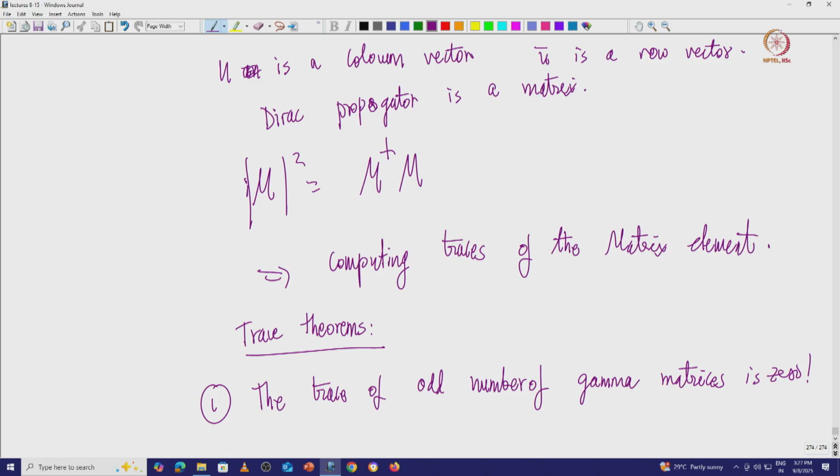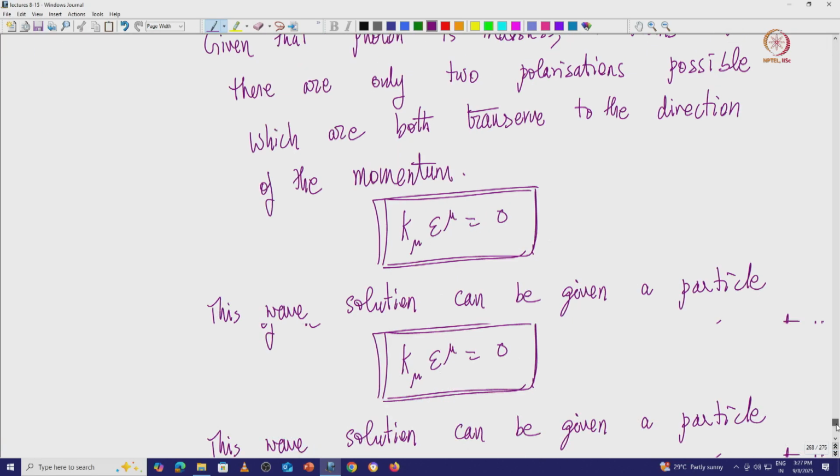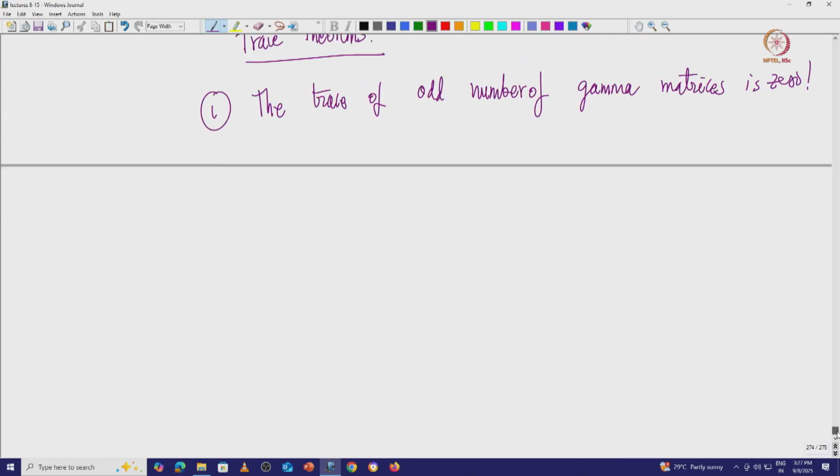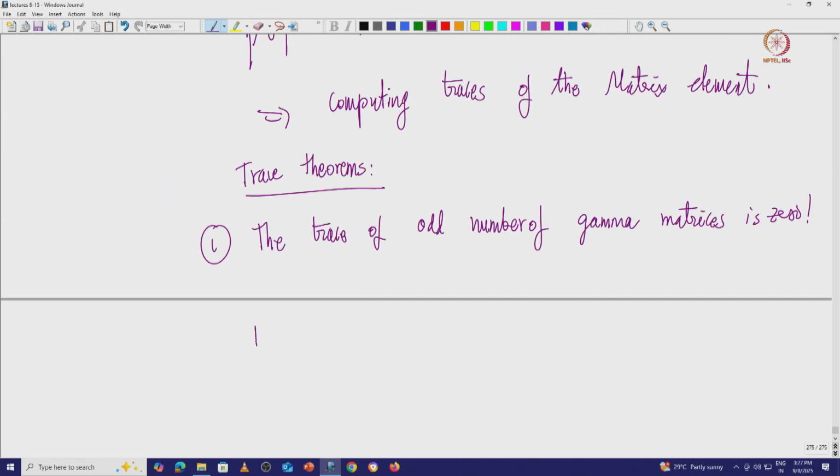If you have some momenta, A slash, where A is some vector, then trace of A1 slash A2 slash ... AN slash is equal to 0 when n is odd.